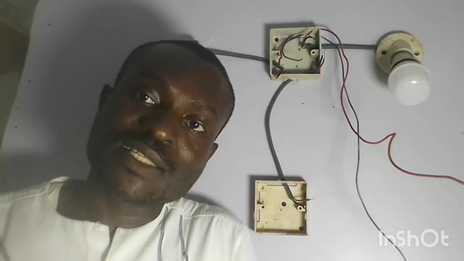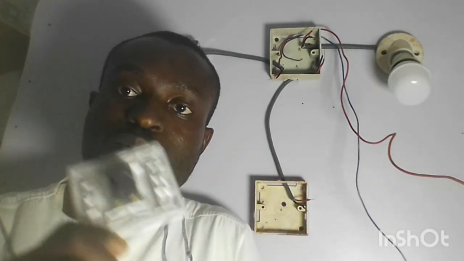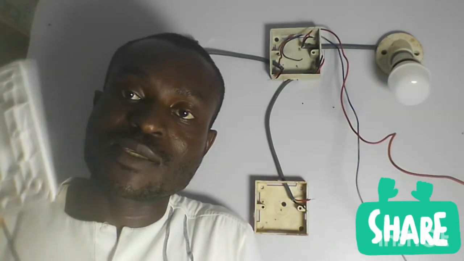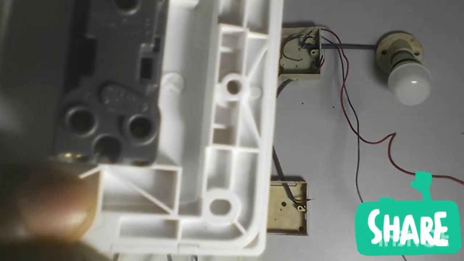As an electrician that is starting out, you may be confused on how to connect this kind of switches. So what you are going to learn in this video is how to connect the switch to your electrical system. When you look very closely at this switch, you will discover one thing. This switch has three terminals.